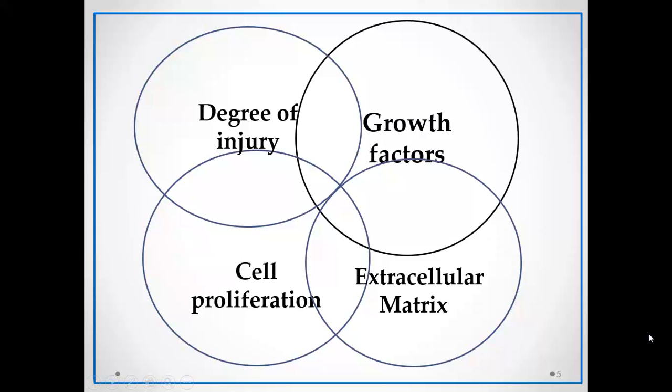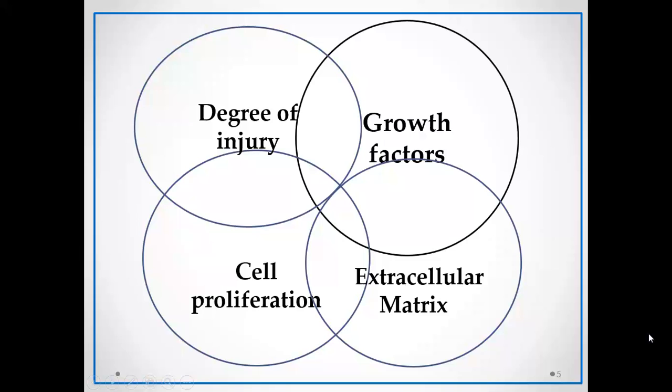If the degree of injury is great, then we have to call another type of tissue, because the cells will not be able to replicate and regain their normal function. So a high degree of injury will call for fibrous or connective tissue and form the process of scarring and fibrosis.